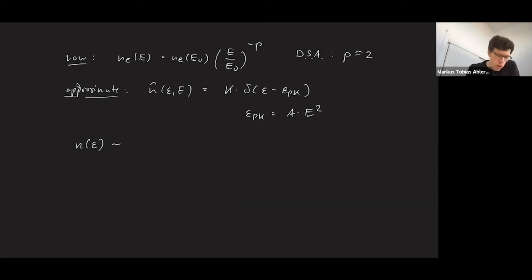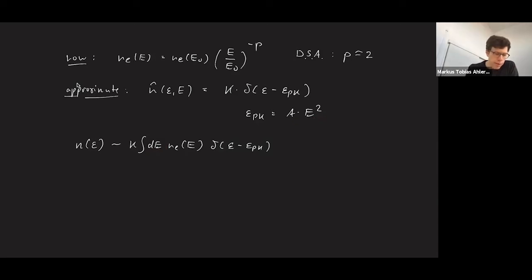The emission of a spectrum of photons is given by the integration of the electron spectrum weighted by the photon spectrum of one individual electron. So this is simply delta K times delta E minus epsilon peak in our approximation. Now, epsilon peak, as I said, is going to scale here as A times E squared, and this is here an integral over E.